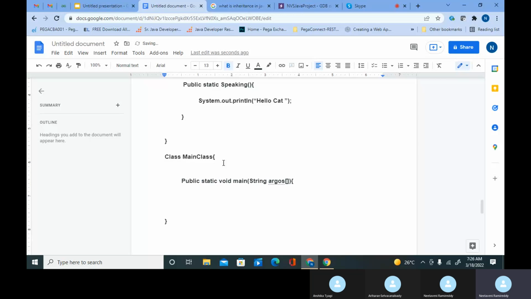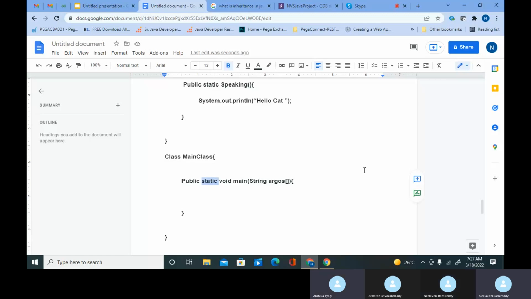Anyone? Anshika. So why do we make the main method static? Last time we discussed, right? What is the meaning of the static keyword? What is the utilization of static?